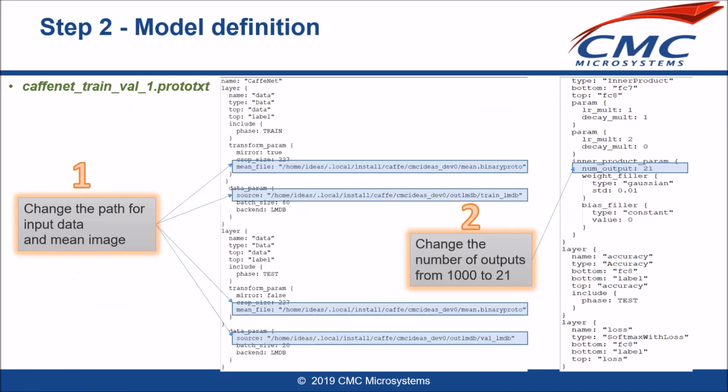We need to provide the path for the training database. And we need to change the number of outputs depending on the number of classes we have. In our case, we have 21, but the original file has 1,000 because it was designed to train for ImageNet, which is 1,000 classes. So here we have to make these changes.